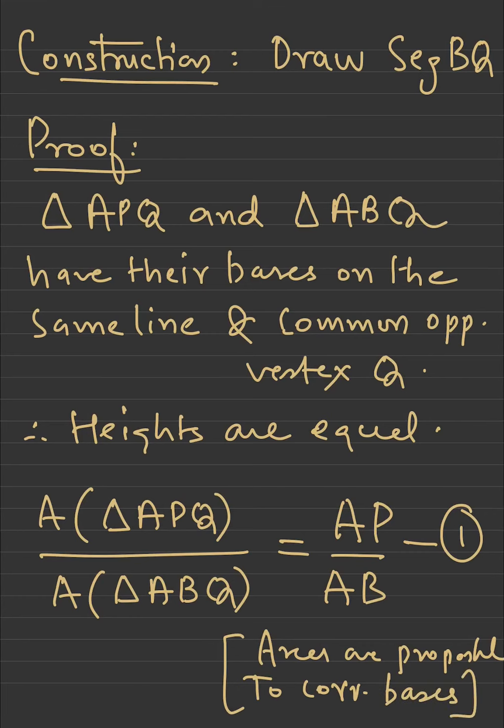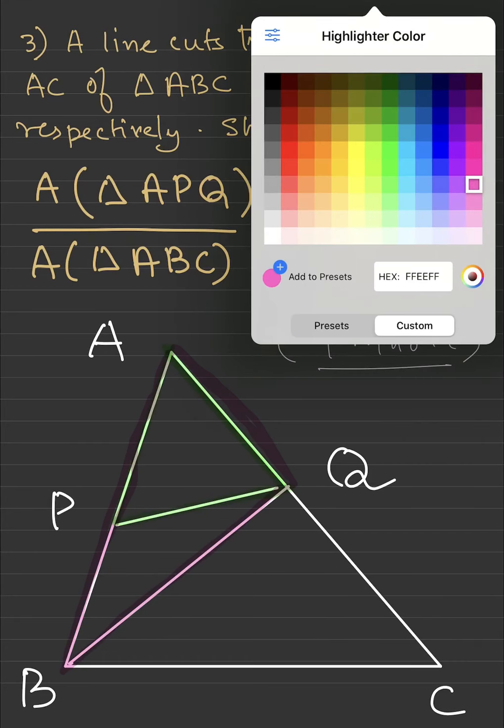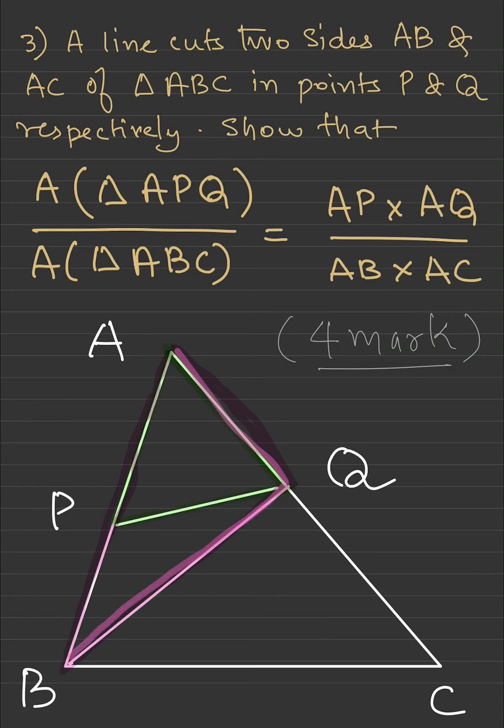Clear? Now we consider these two triangles. Now take the pink triangle and the original bigger triangle. The pink triangle is triangle ABQ, right? And the original triangle is triangle ABC. I'm shading it in blue color there. Triangle ABC. Can you see that?